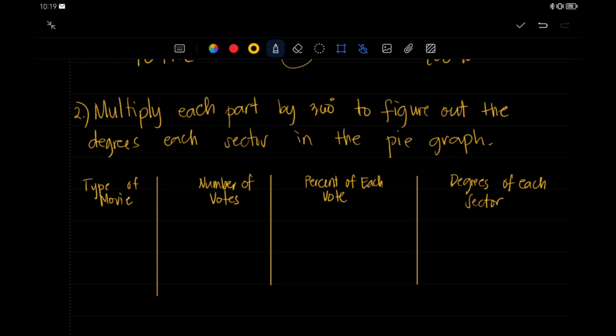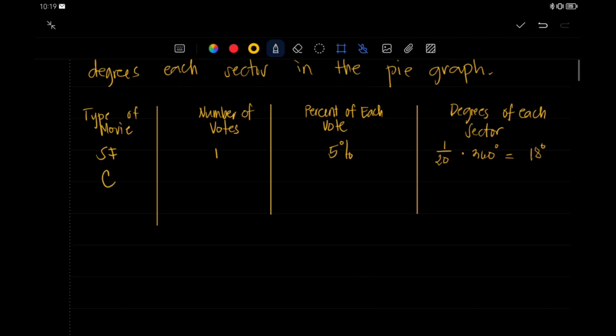So we have here science fiction is 1, that is 5%. For the degrees of each sector, you are going to divide 1 over 20 times 360 degrees. That is 18 degrees.